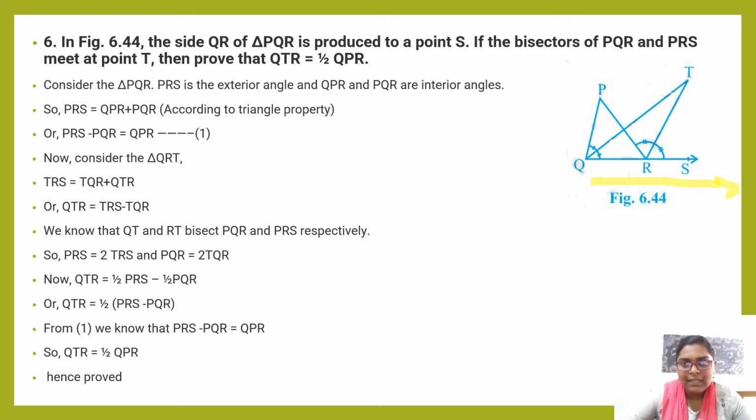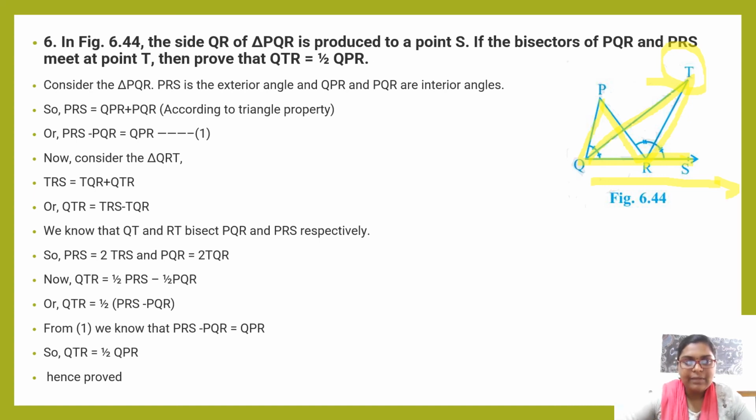Next, if the bisectors of PQR and PRS meet at a point T. Okay, what we have to prove is this QTR is equal to half of QPR. This QTR is half of QPR, we have to prove.